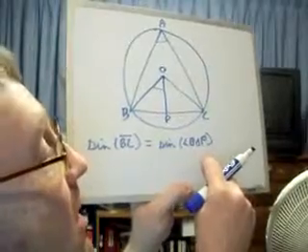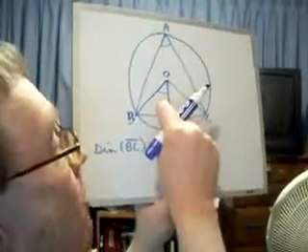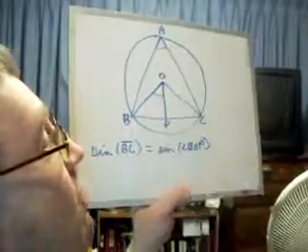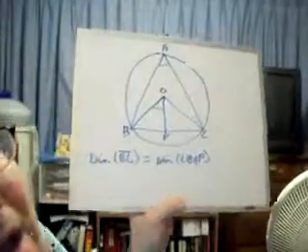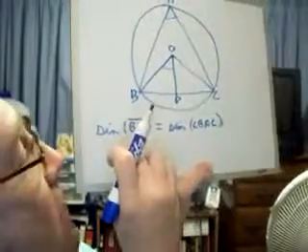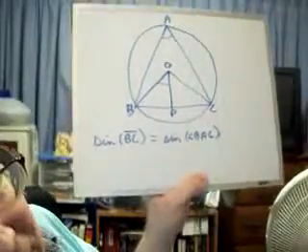That's a fact. Now what did we just say? Angle BOP is the same size as angle BAC. So why don't we replace that? I think it's a good idea. Now we have the sine of BC equaling the sine of BAC.